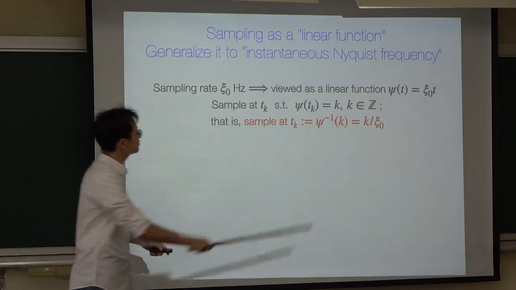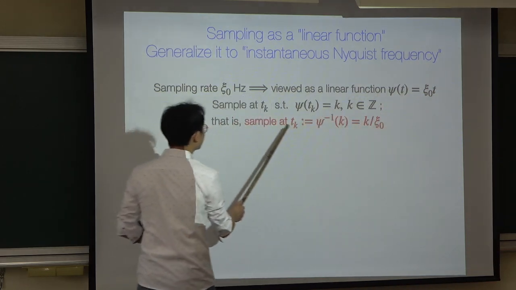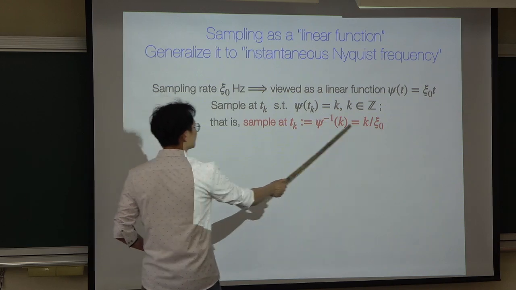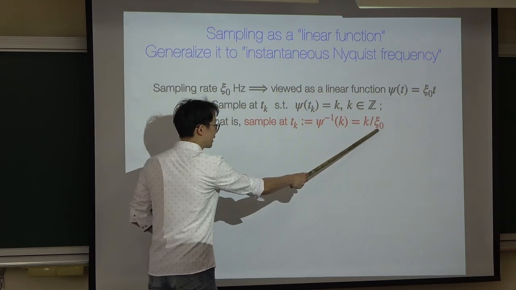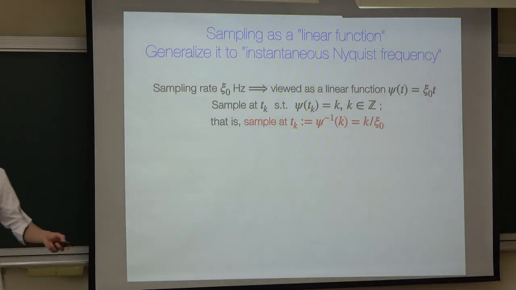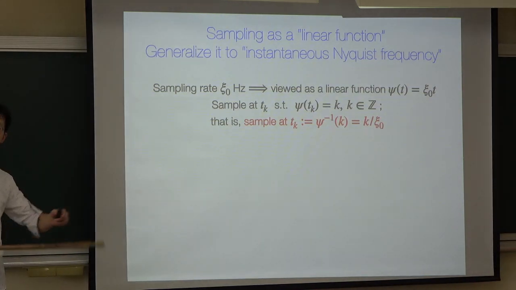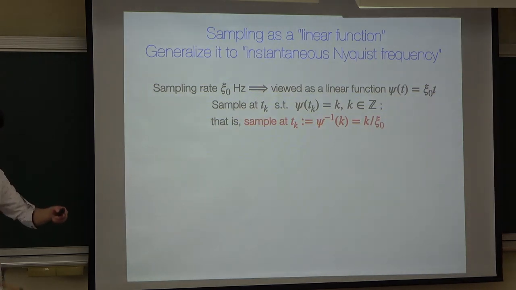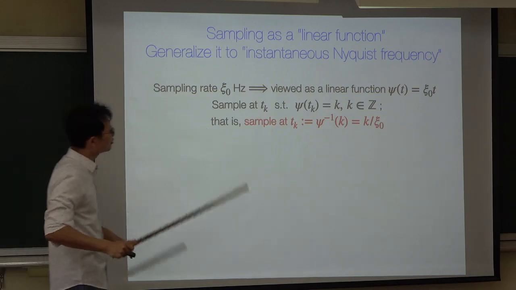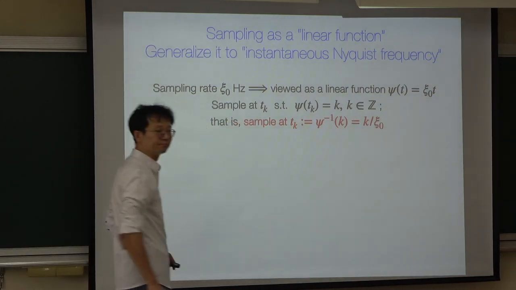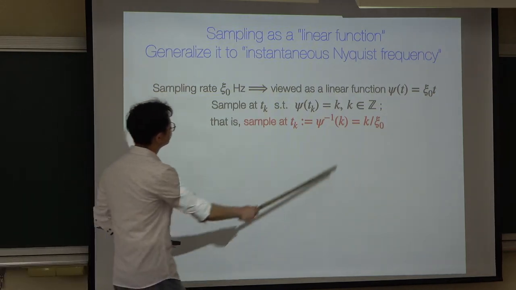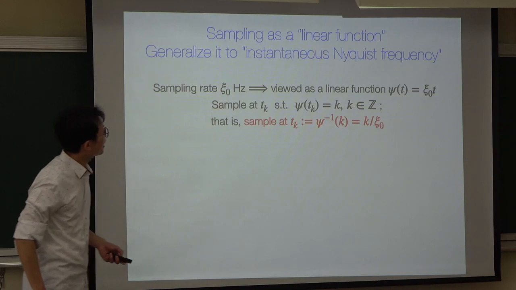Because this is a linear function, the sampling point will be t_k = k divided by c0. That is, if the sampling rate is c0, every second we sample c0 points, which means 2 consecutive samples are 1/c0 seconds apart, assuming the unit is seconds.